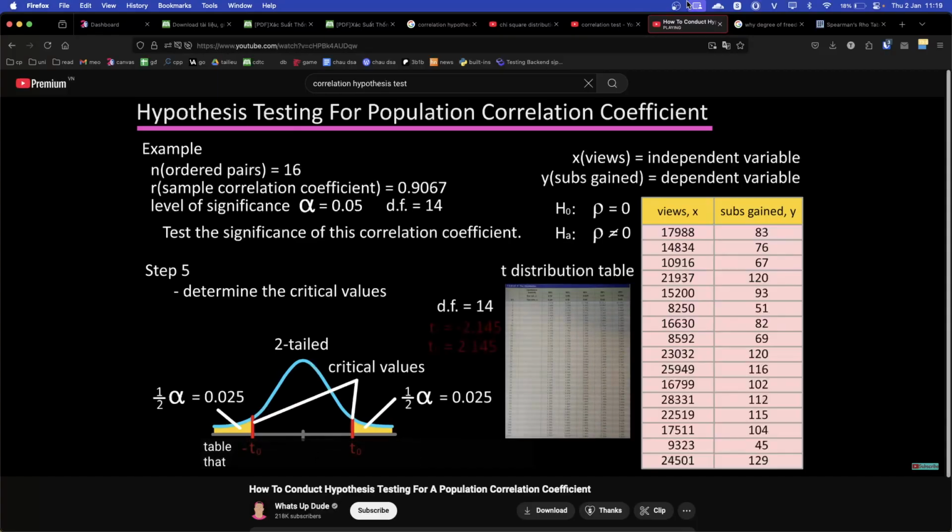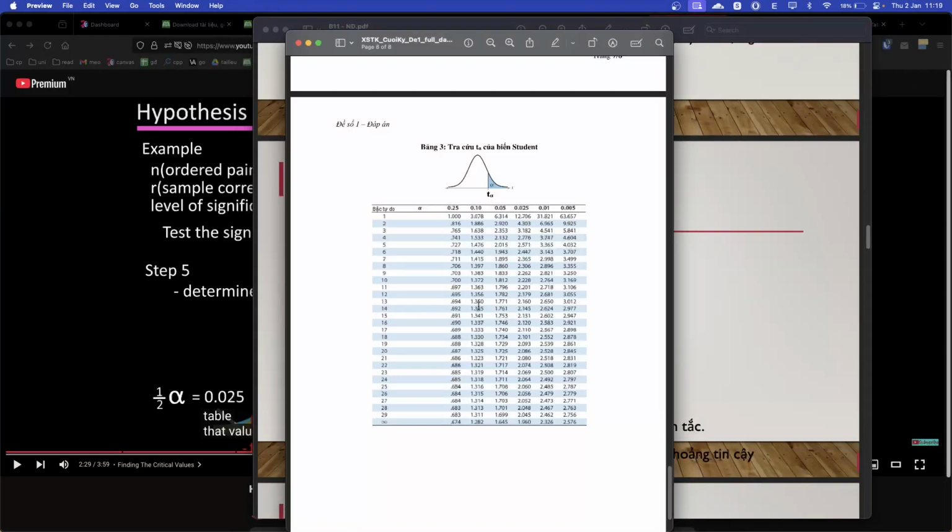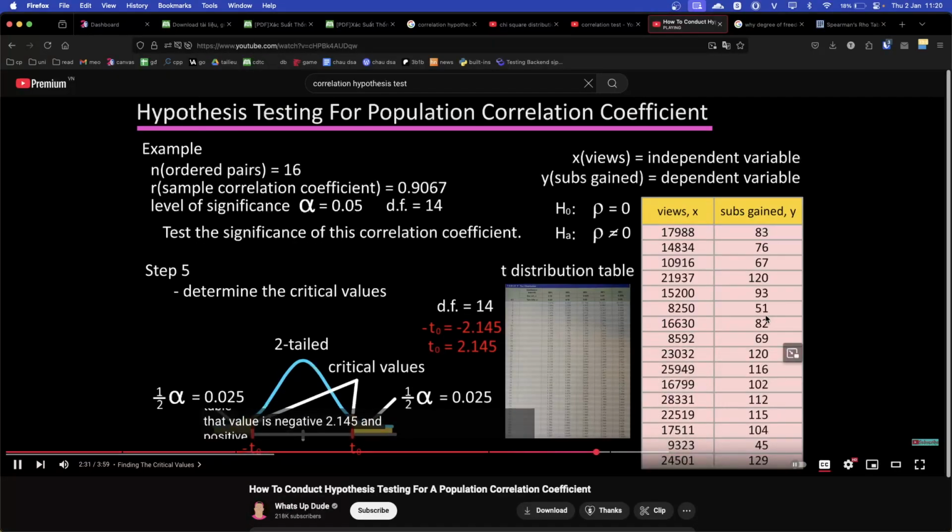And in the t distribution table, that value is negative 2.145, and positive 2.145.